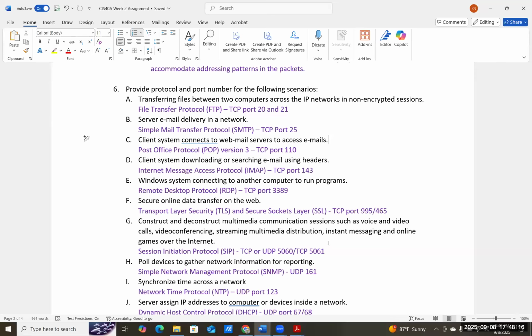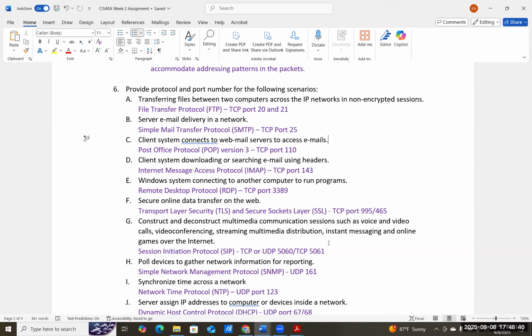Okay. And then G, construct and deconstruct multimedia communication sessions, such as voice and video calls. So your voice, video conferencing, streaming, multimedia distribution, instant messaging, online games over the internet, etc. And this uses SIP, Session Initiation Protocol.